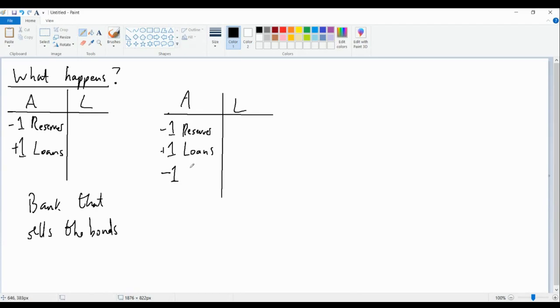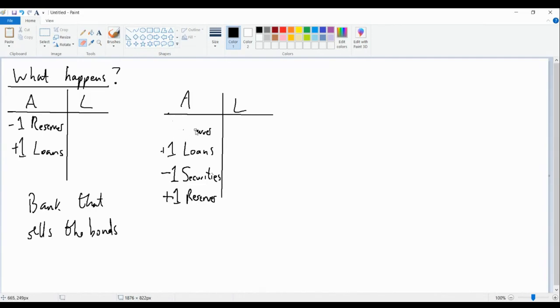And that's of course the relevant case here, because it so happens that it's selling it to the Fed. If I sell one in securities, then I have +1 in reserves. So I was down 1 with reserves, then I'm +1 in reserves, so my reserves are back to where they were at the beginning of this whole operation.